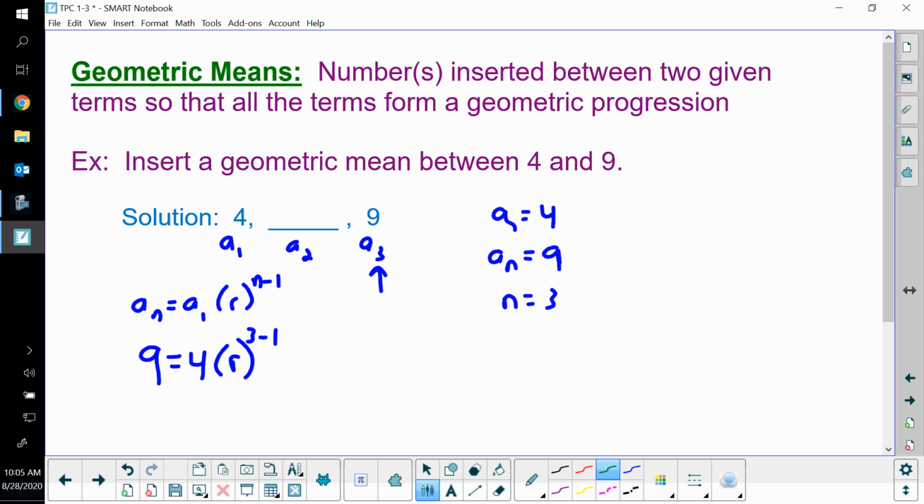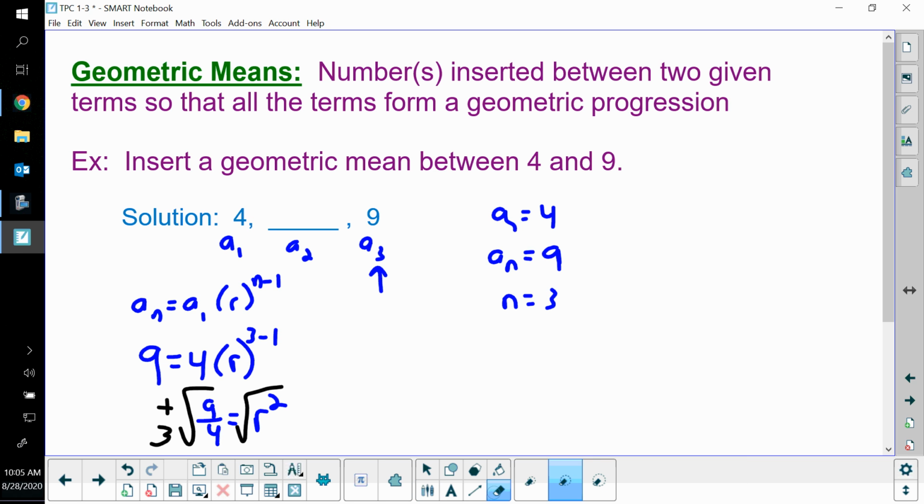So if we divide the 4 over, we'll get 9/4 equals r squared. And you undo a square with a square root, and this is what I cautioned about a second ago. Because it's an even root, you've got to put a plus and minus out front.